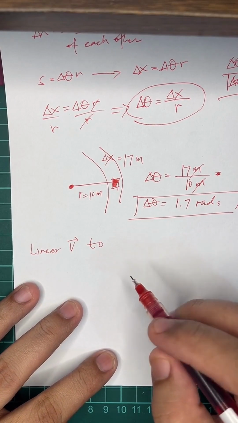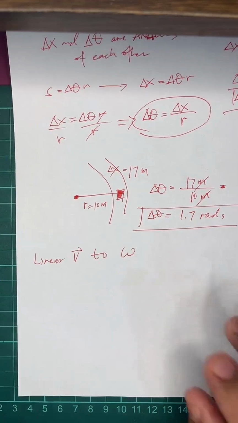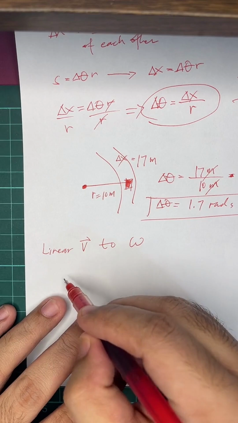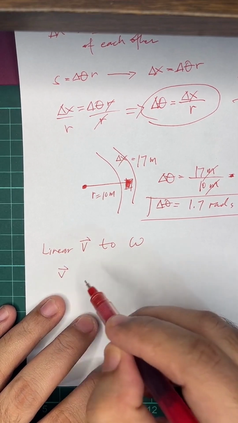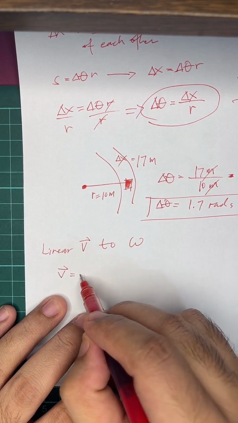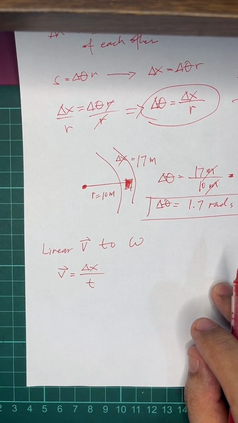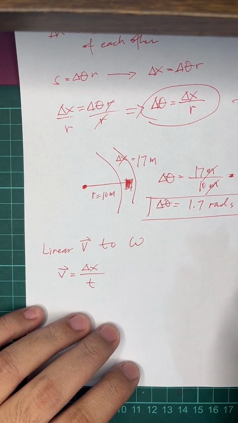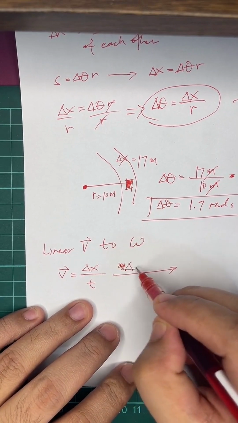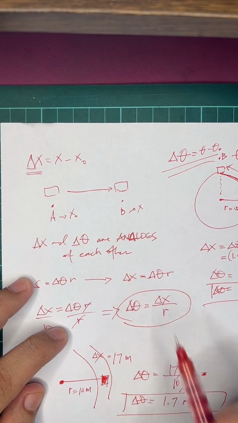If we're okay with this, then we can proceed to the next one, which is linear velocity to angular velocity. We know that the equation for linear velocity is given by v is equal to delta x over t. From what we have derived, we know that delta x is also equivalent to delta theta times r.